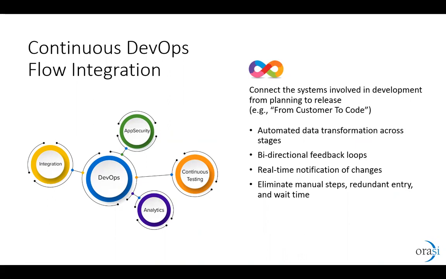It's all about, as I've discussed before, bidirectional feedback and real-time notification, keeping track of what's happening and making sure everyone in the process understands what is supposed to happen and what has just happened both. And it's really about removing manual process. You want to increase automation as much as possible so that you don't have people or wait time being the bottleneck to moving to deployment.